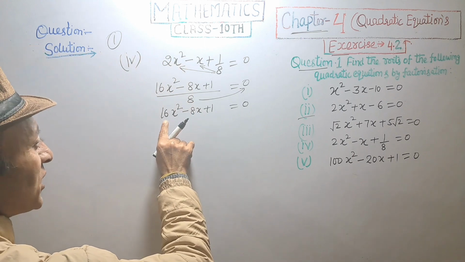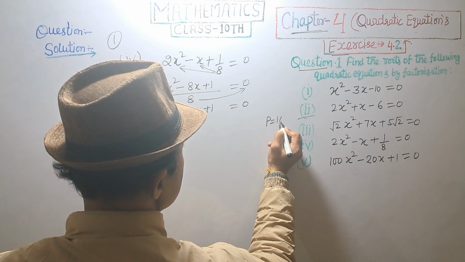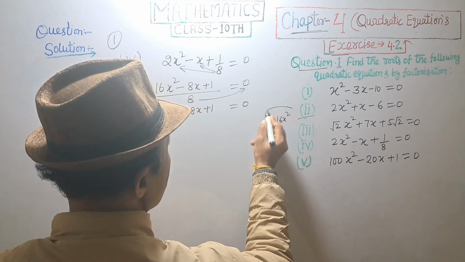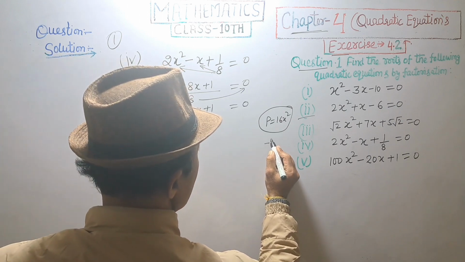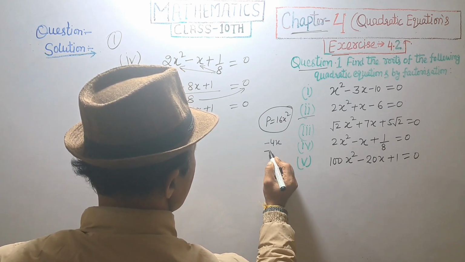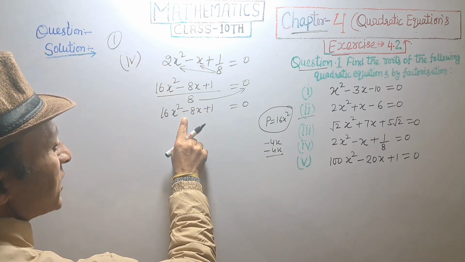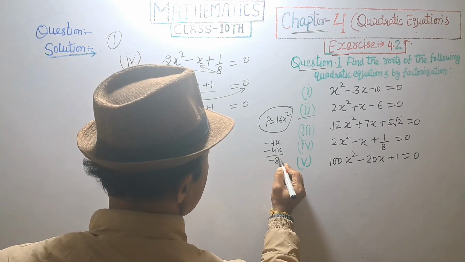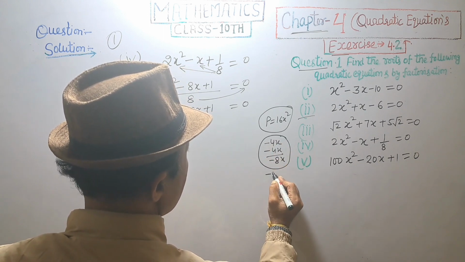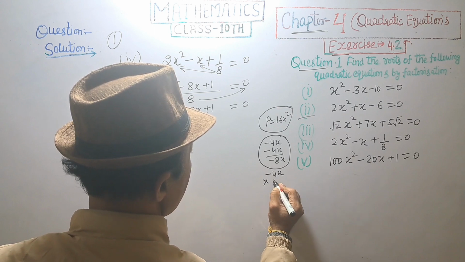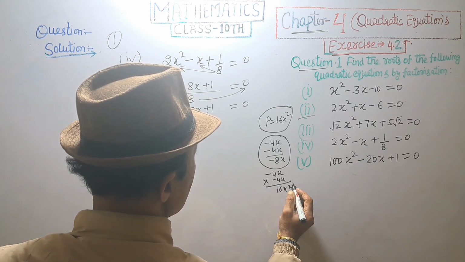The product of first and last is 16x², and that is minus 4x, minus 4x. Their sum is minus 8x, and minus 4x multiplied by minus 4x will be positive 16x².